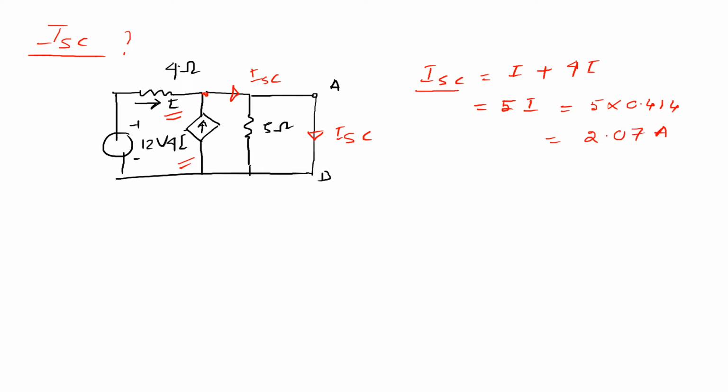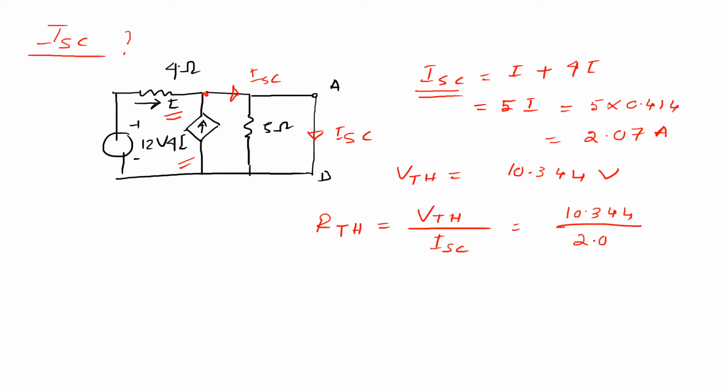And after getting this ISC, and already we calculated V Thevenin voltage is equal to 10.344 volt. Now you are able to calculate R Thevenin. R Thevenin is the ratio of V Thevenin by I short circuit current, that is 10.344 divided by 2.07, and that value is equal to 4.997 ohm.